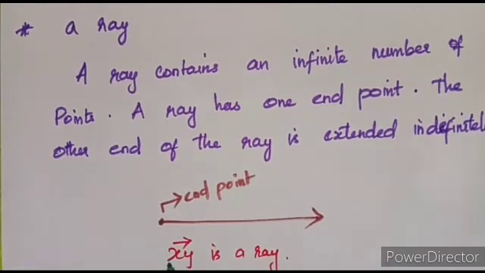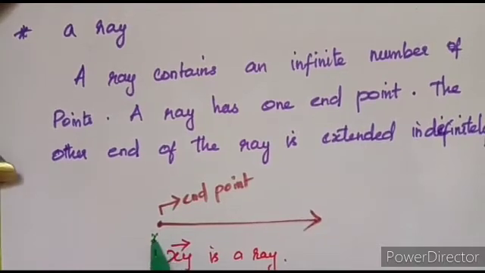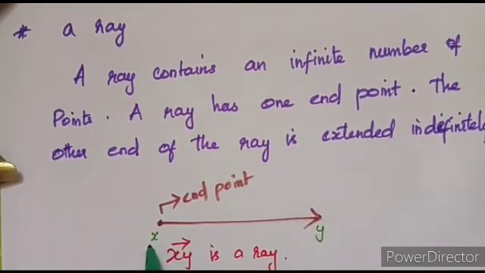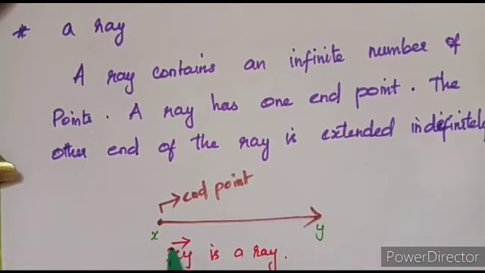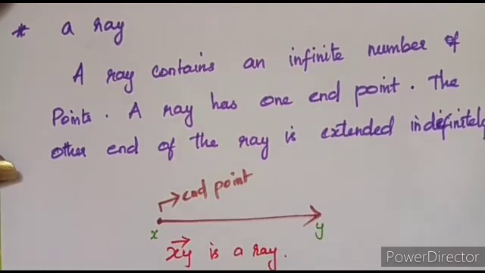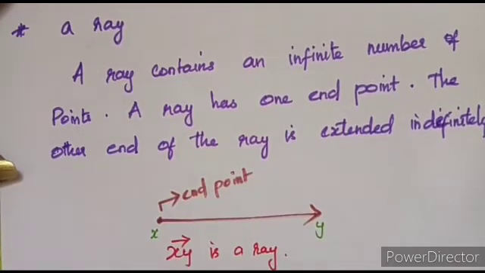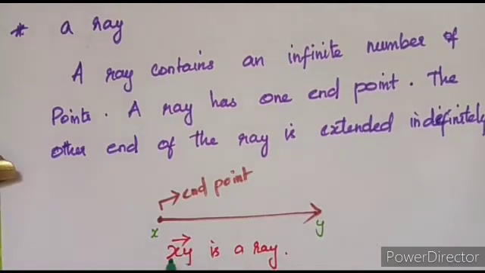We name it as XY. XY is a ray. It can be read only as ray XY, as we always start from the endpoint.